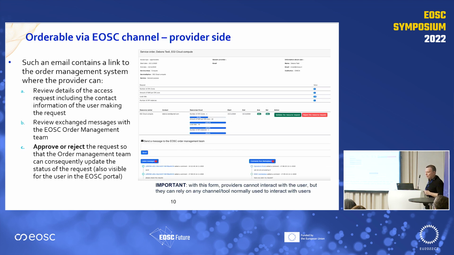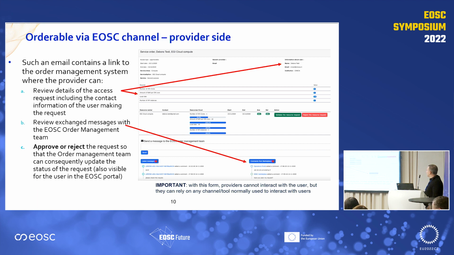SOMBA is the back office, and on this page there is the summary of the order. The provider can assess the order and say whether it can be accepted for implementation or will be rejected. There are several fields the provider can check, like user contact details and the history of interactions between the support team and the user, maybe questions which were already clarified.